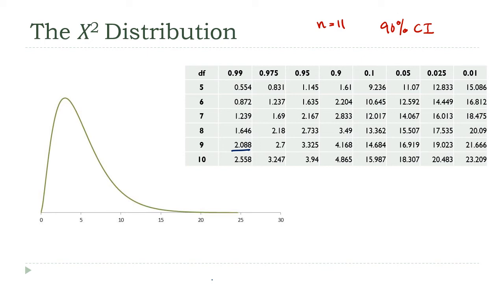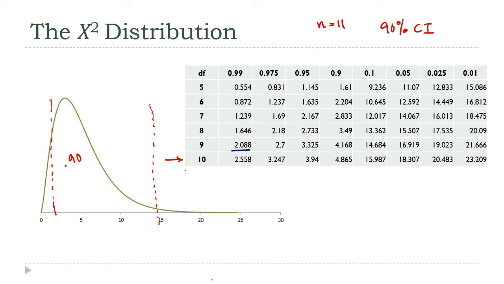So my critical values are going to come from the bottom row here. Now, because we need to have 90% in our result, that means I need to find a lower bound and an upper bound such that 0.90 of the area is between them.